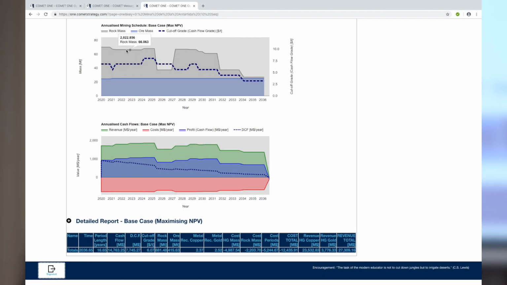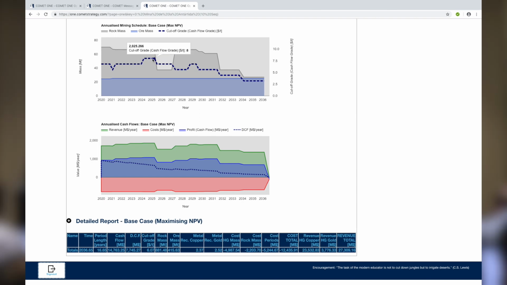You can see it's a variable cut-off grade where we actually get quite close to the mine constraint here at 70 million tonnes. We're filling our mill pretty close to the 25 million tonne mill capacity all the time, except for in the first year when we're just under the mill capacity, but we've actually hit our mining capacity.